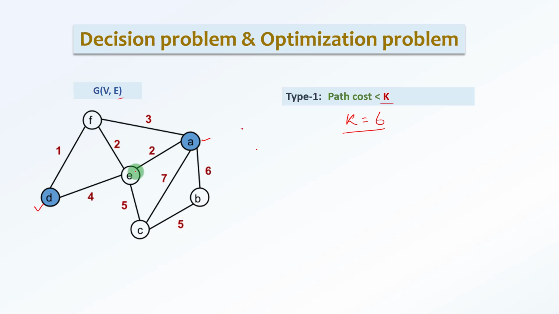We may check that there are again multiple number of paths exist which has cost less than 6. So this type of problem is called decision problem or satisfaction problem.